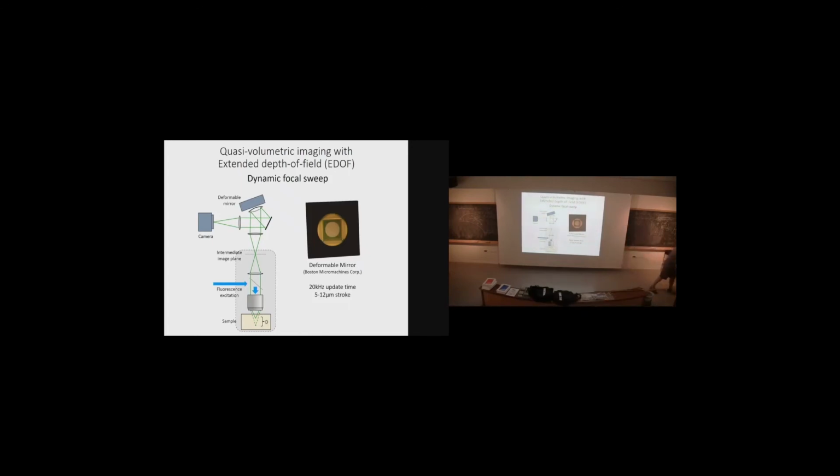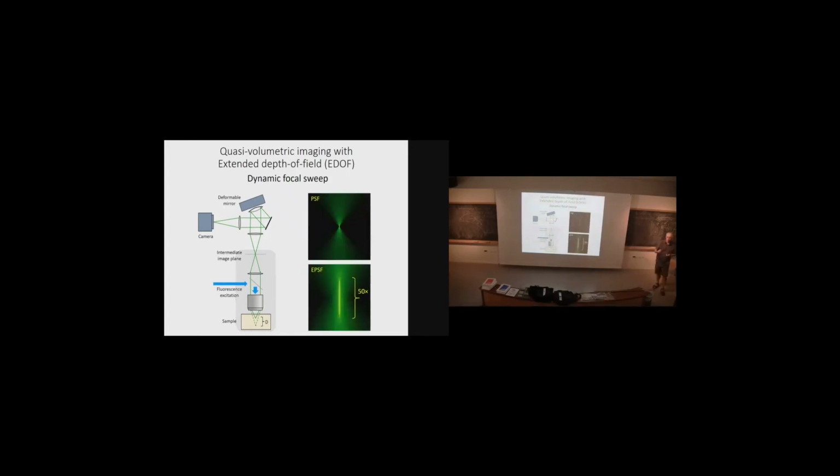But it turns out that's not true. If you just run through the calculations, you can get a much larger focal range than I had expected. You can extend with 10, 12 micron stroke. You can get an extension if your depth of field is maybe a couple microns normally with your microscope. You can extend that depth of field 50 times.